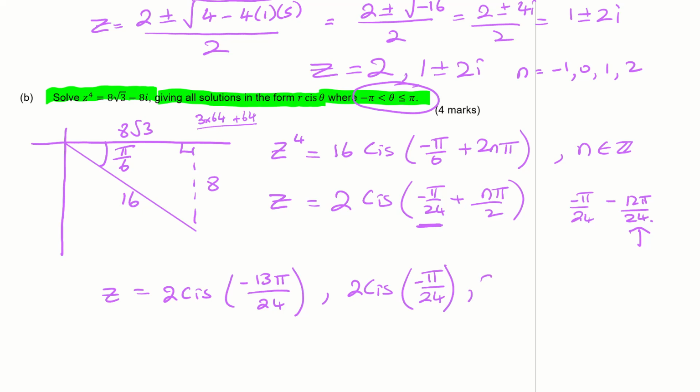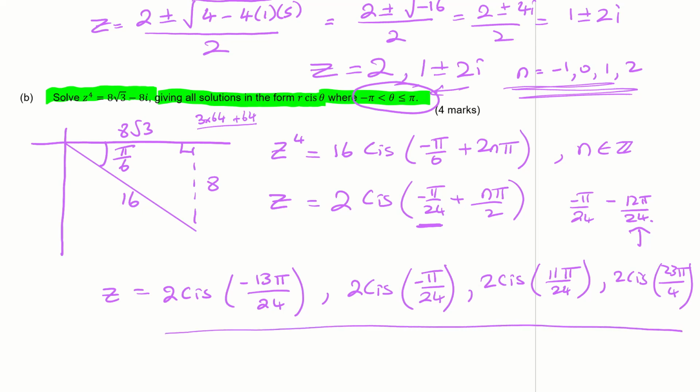And then the next one, we're going to add 12 pi by 24, so that will give me 11 pi by 24. And then we're going to add another 12 pi by 24, so that will be 2 cis 23 pi by 24. And now they are all nicely in the interval. So I couldn't have taken the n equals negative 2 as I first said. These ones are all in the right domain.